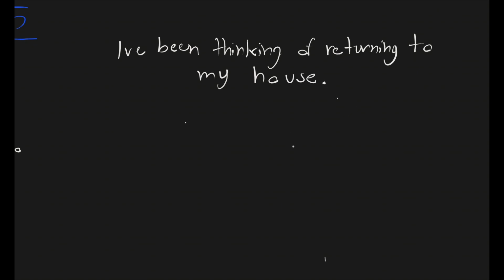Now first we're going to go over the vocab that you need, just in case you don't know the vocab. So let's look. I've been thinking. That's going to be some form of to'omo. So that is what we have to know for our ending.